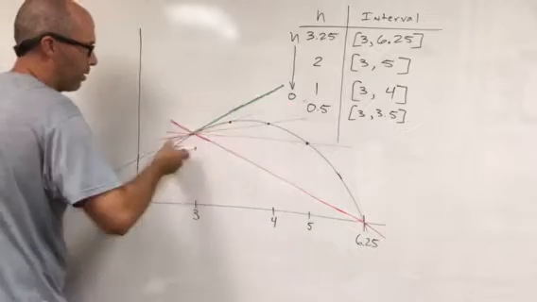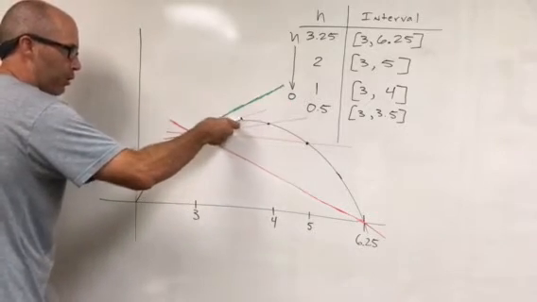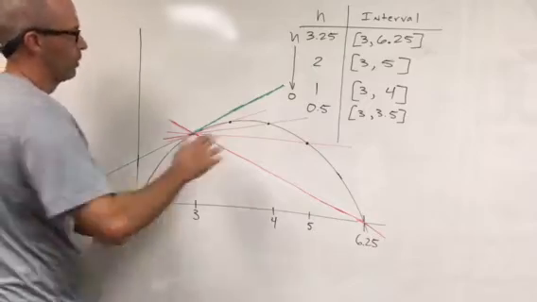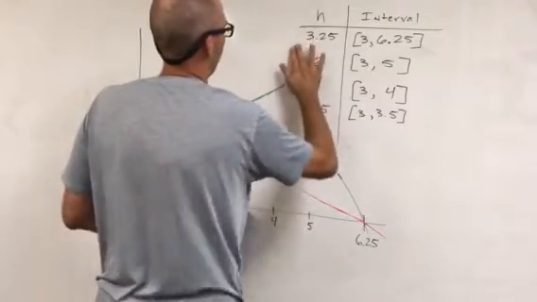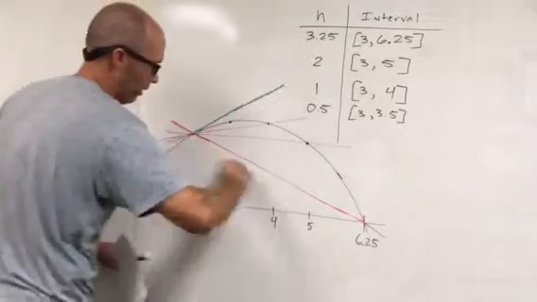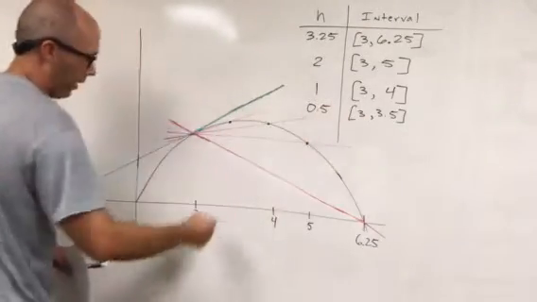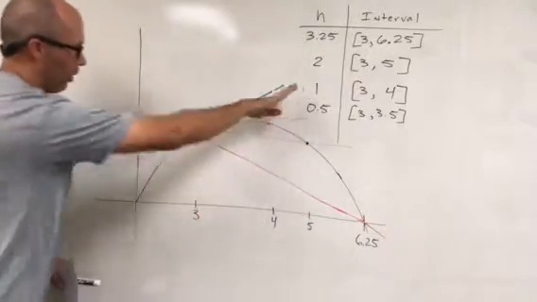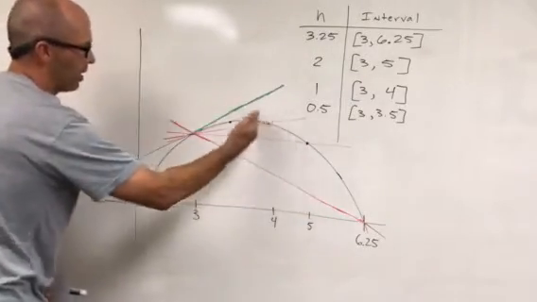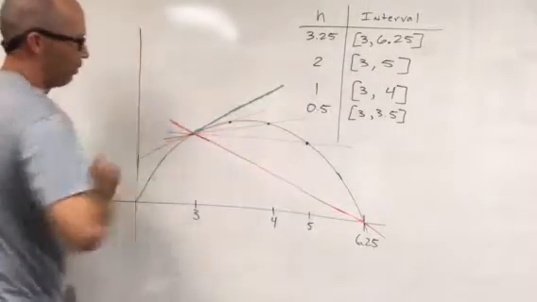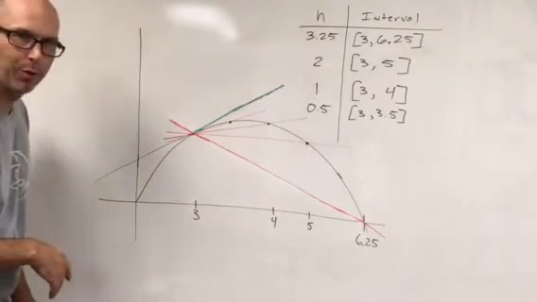These secant lines get closer to becoming the tangent line. And so the slopes of these secant lines, as h approaches 0, as we pull back towards 3, get closer to the slope of the tangent line. And so that's what's going on.